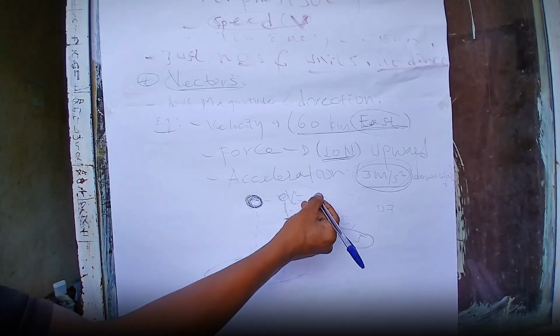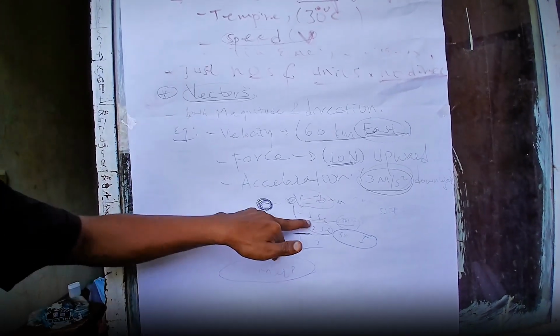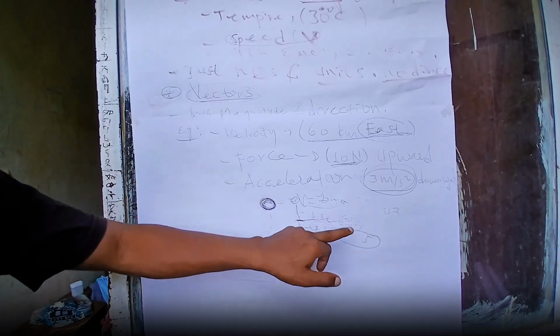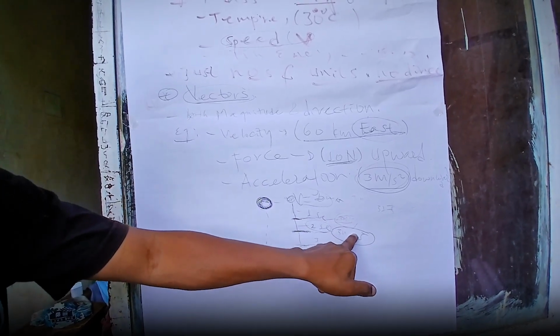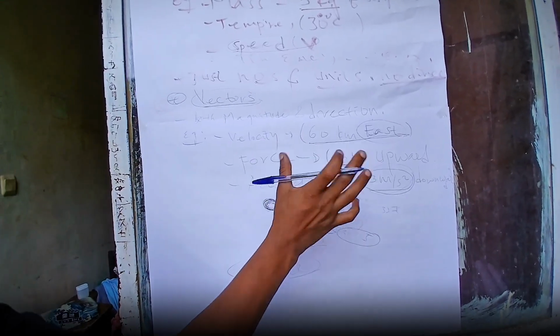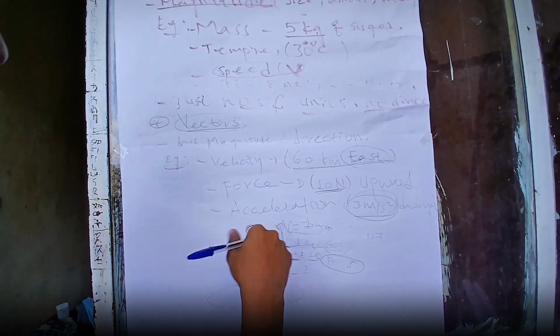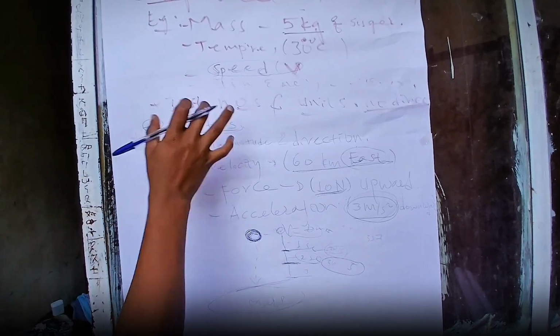What if the initial velocity is 1 meter per second? It will be 4 meters per second here, and 7 meters per second here. So this is the concept of acceleration. I will discuss this later at another time. Let's come to the point.